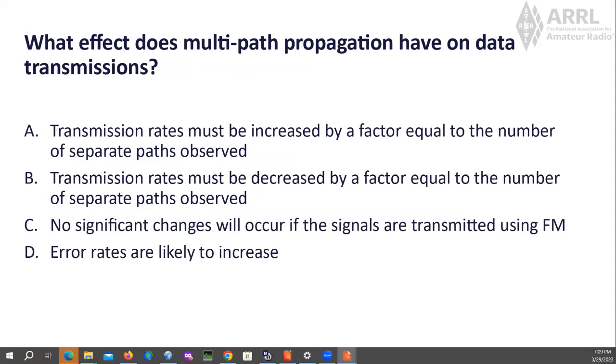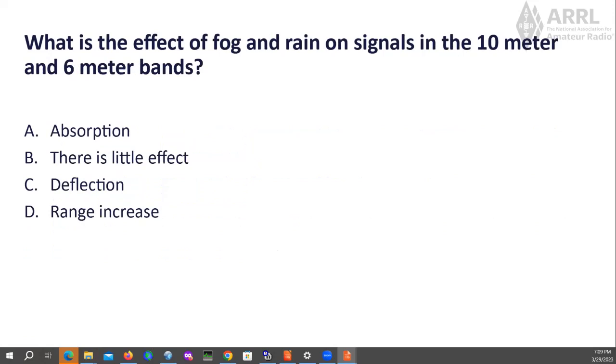What effect does multipath propagation have on data transmission? And the answer is D. Error rates are likely to increase. What is the effect of fog and rain on signals in the 10-meter and 6-meter bands? B. There's little effect. It's the higher VHF and UHF frequencies that mainly are affected.